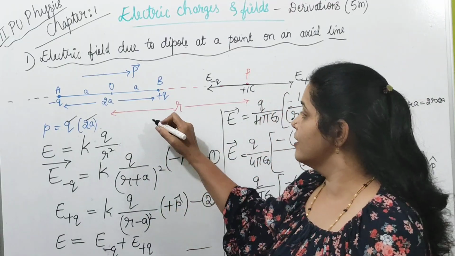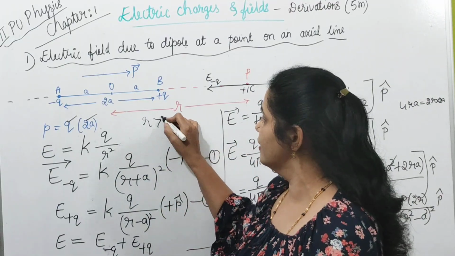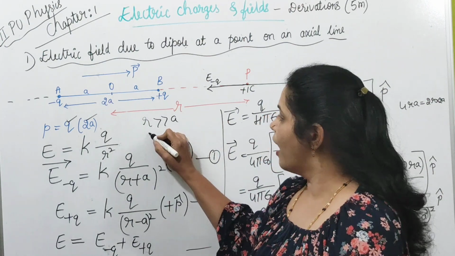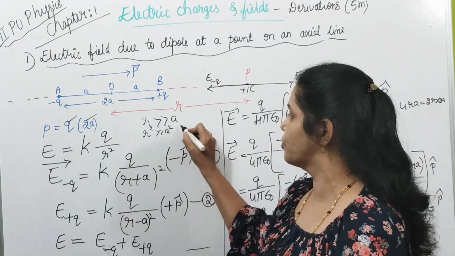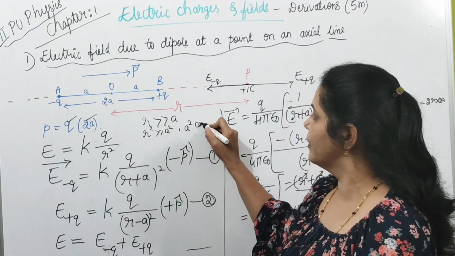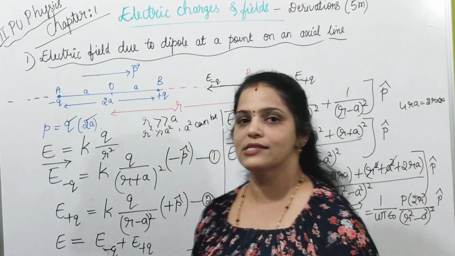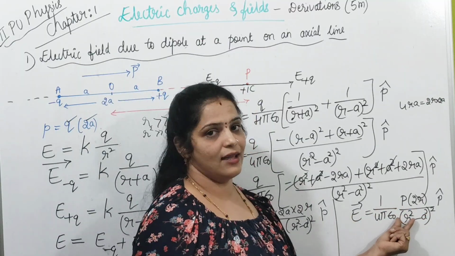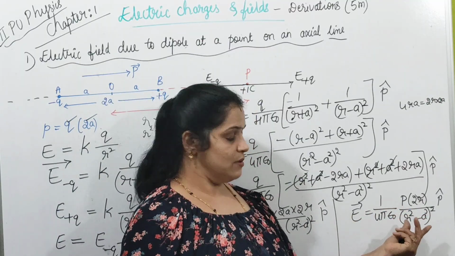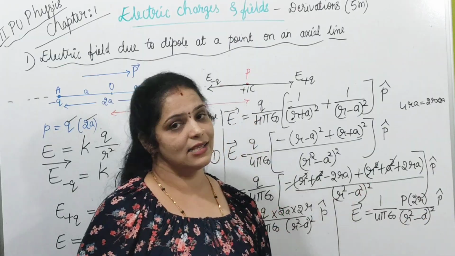So, this R is very much greater than A. That means R square is very much greater than A square, or A square can be neglected. Okay, so A square can be neglected because A square is subtracted from R square, right? So that means here you can neglect A square term.